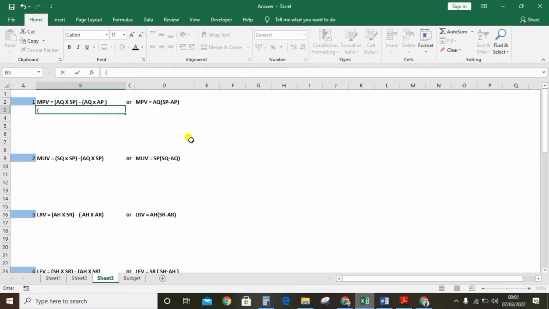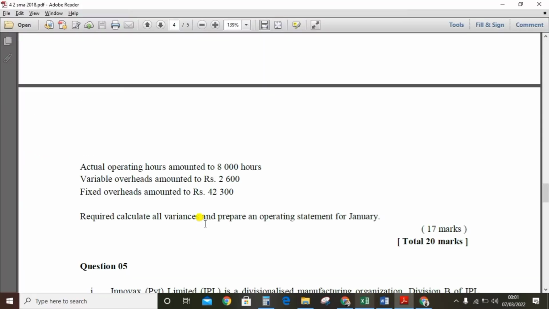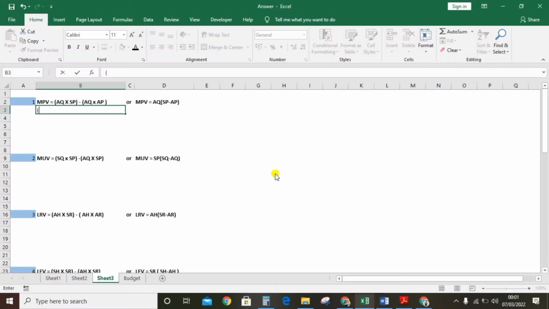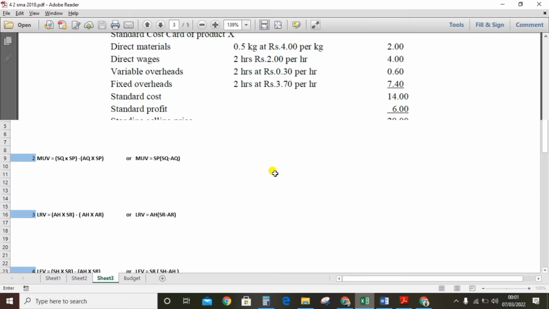AQ, the actual quantity of material for the actual production, is 2,300 kilograms. So 2,300 kilograms is the actual quantity times the standard price.